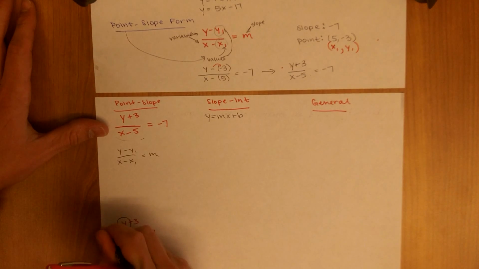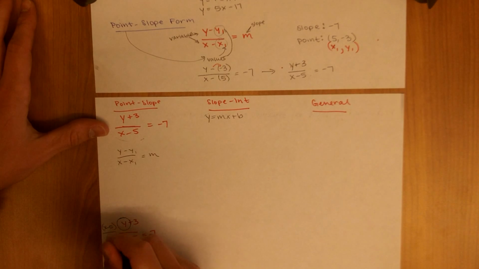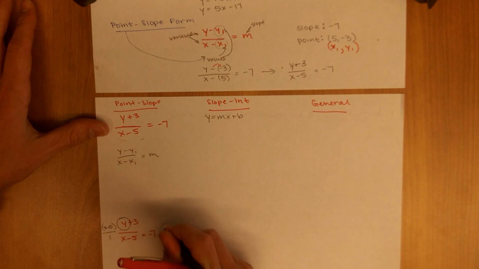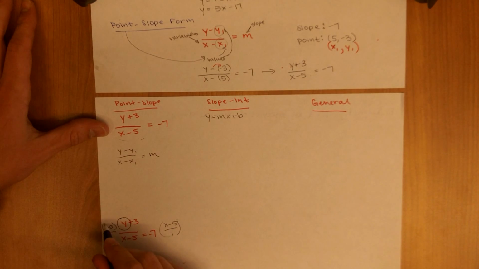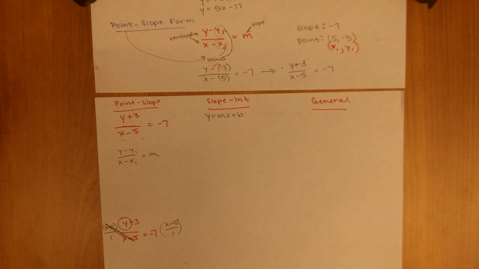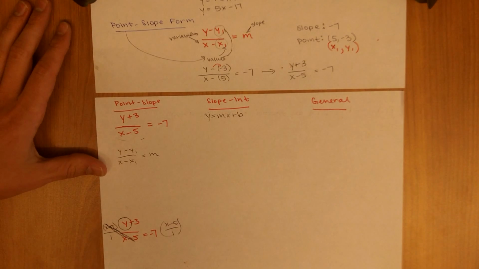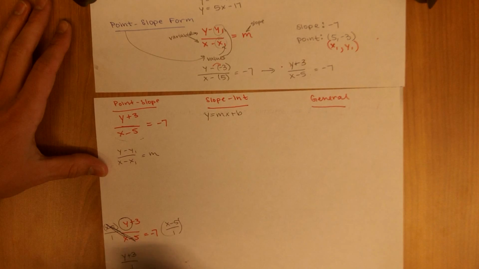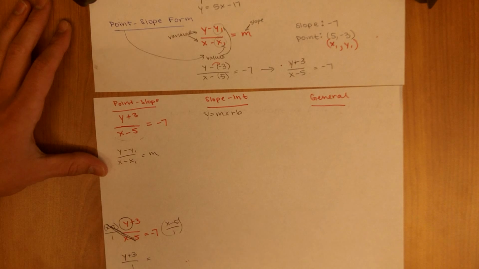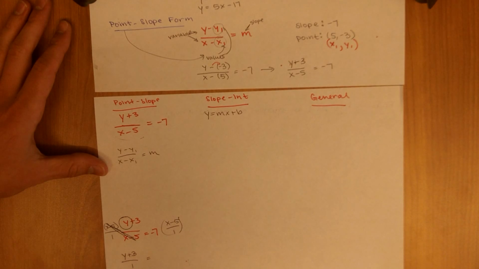So let us multiply both sides by (x - 5) over 1. We do this because this x - 5 right here, these are going to reduce, cancel each other out. So therefore, all we have on this side is (y + 3) over 1, which is actually just y + 3. Anything over 1 is itself.